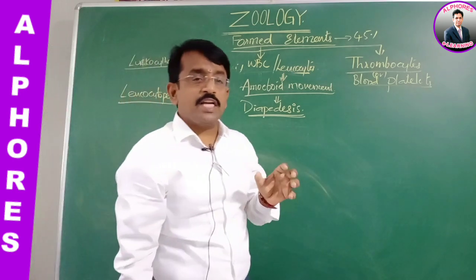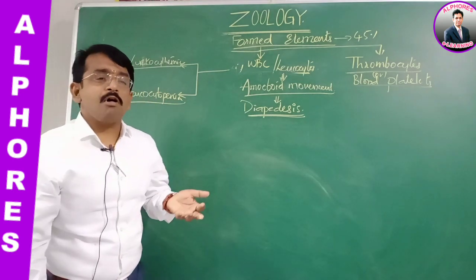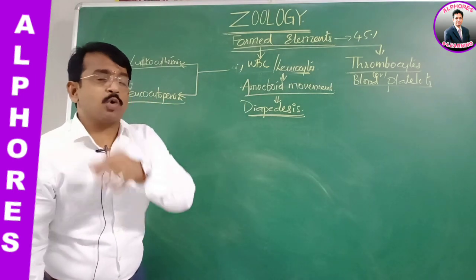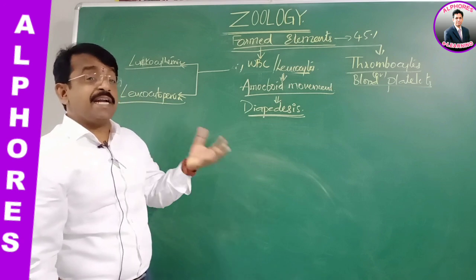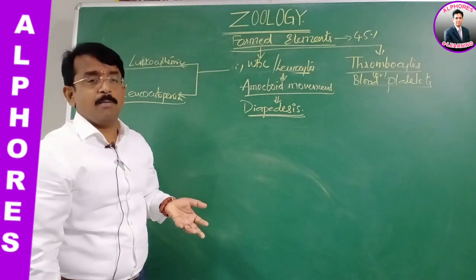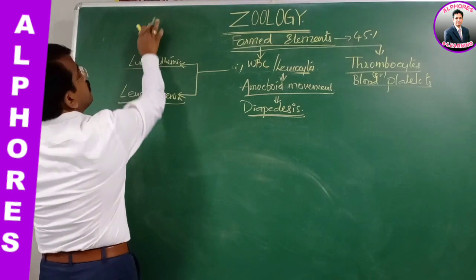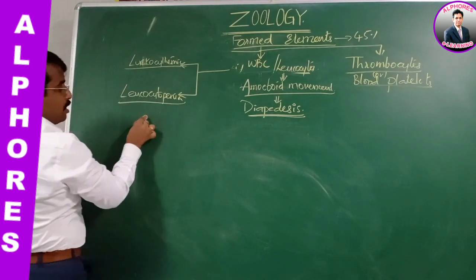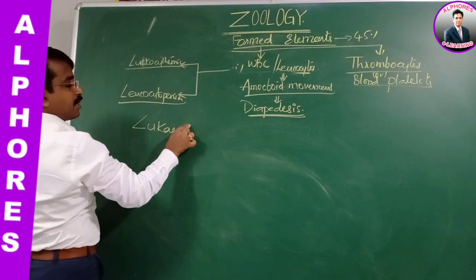There is one more condition, an increase in the number of WBCs in an uncontrolled manner, metastatic increase in number. That is said to be leukemia. Leukemia is nothing but blood cancer.